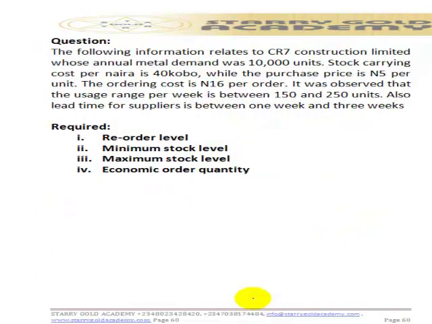Now, the next thing we have is the question. The following information relates to CR7 Construction Limited, whose annual metal demand is 10,000 units. Stock carrying cost per naira is 40 kobo, while the purchase price is 5 naira per order.